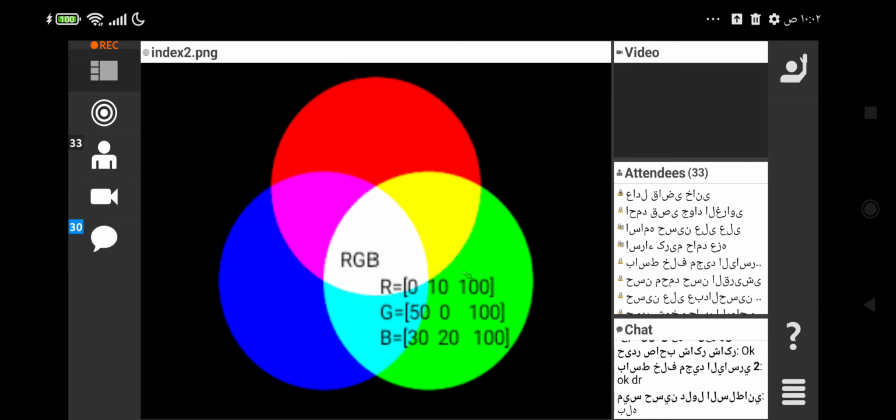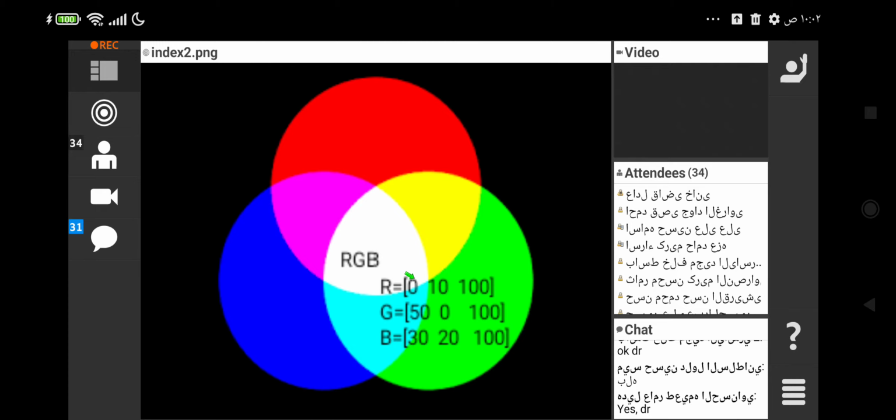In the first pixel, the R value is 0. When R is 0, it means that in this color we don't have red. The green is 50, so we have more green, and the blue is 30.